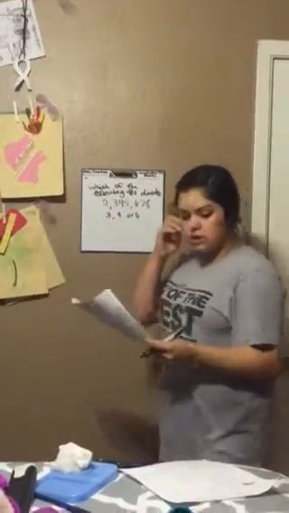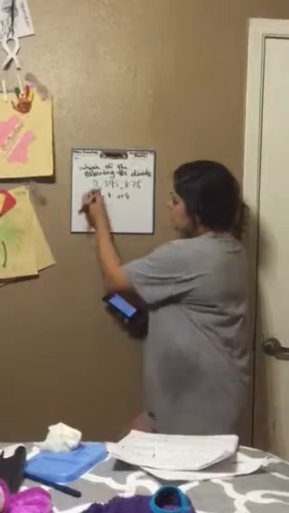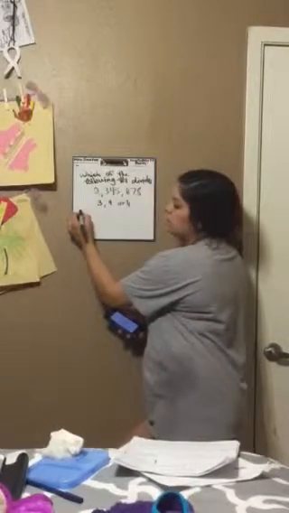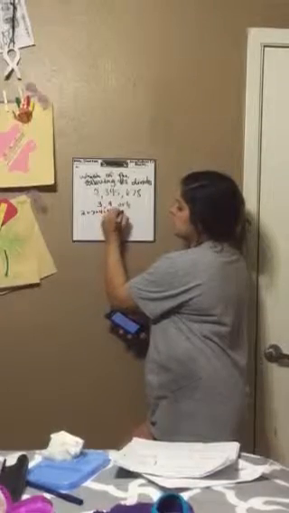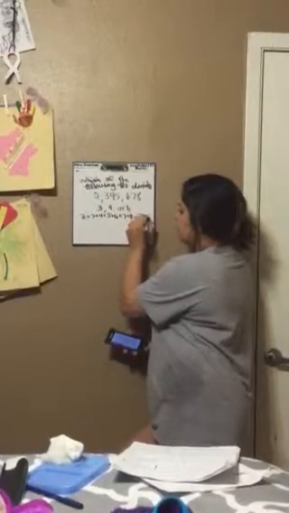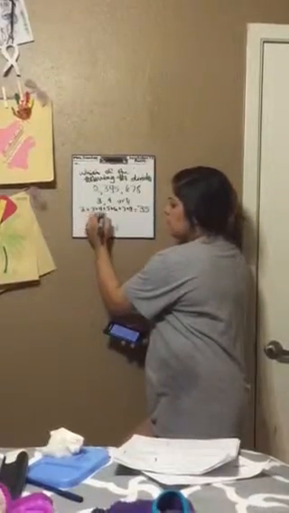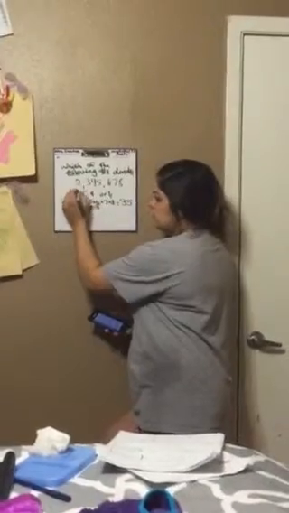So here we do the same process. We add to find out if it's divisible by 3. We have to add everything up. 2 plus 3 plus 4 plus 5 plus 6 plus 7 plus 8. This gives us 35. 35 is not divisible by 3. So 3 is out.